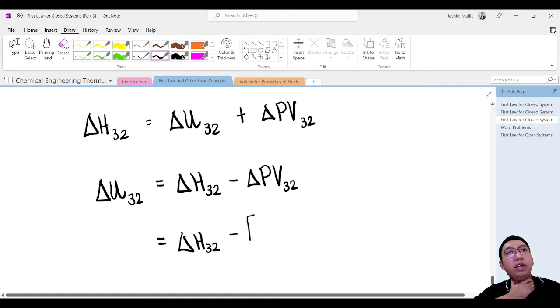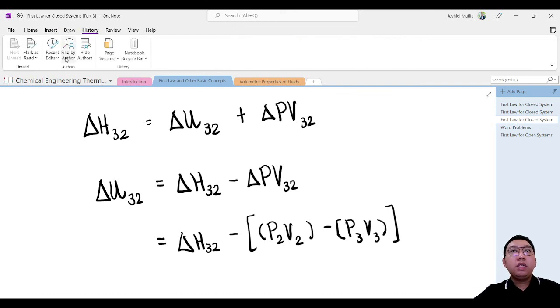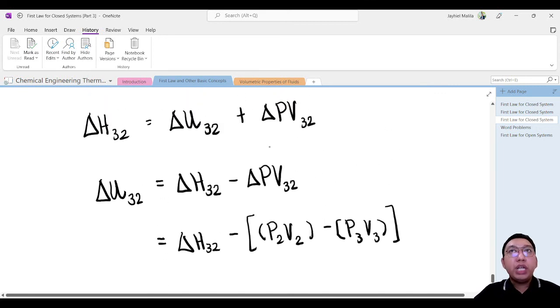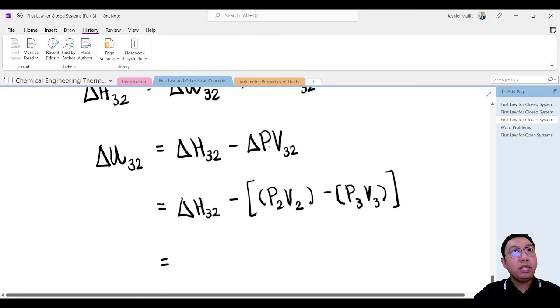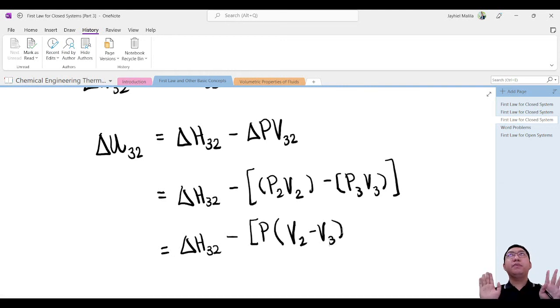This can be rewritten as the final is 2, right? So that's P2 V2 minus P3 V3. I think we can simplify it further since the pressure in this alternative step is constant, so we can just extract it out. So we have P and then that's V2 minus V3. Correct? Yeah, I'm correct.